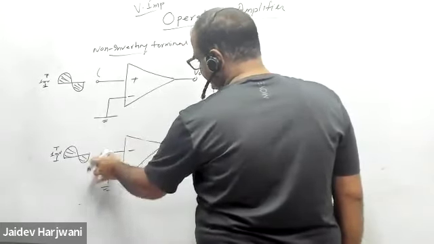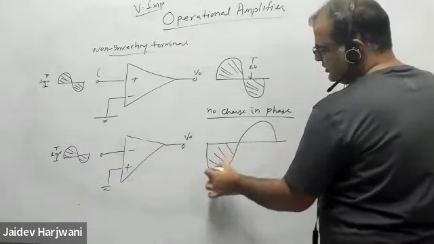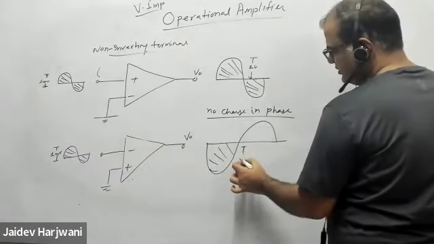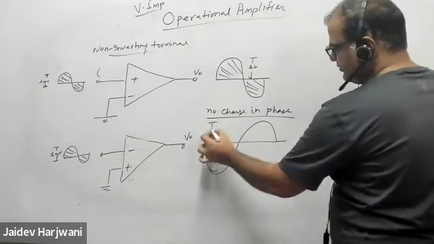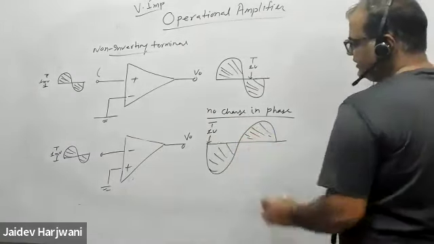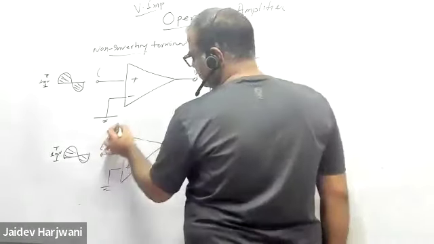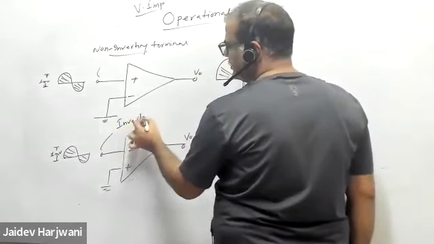When you apply a positive input, the output becomes negative, and when you apply a negative input, the output becomes positive. So the output will invert. So this is 1 volt. That's why it is called the inverting terminal.